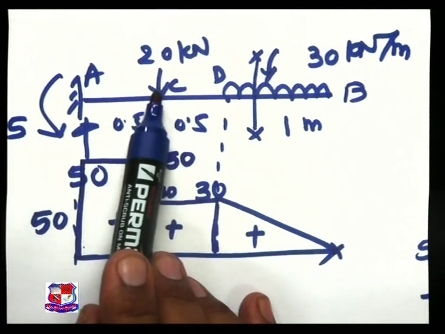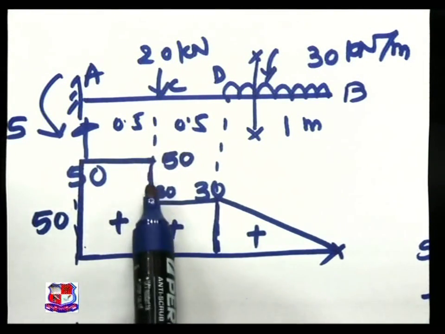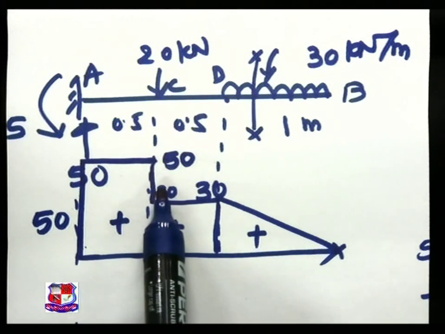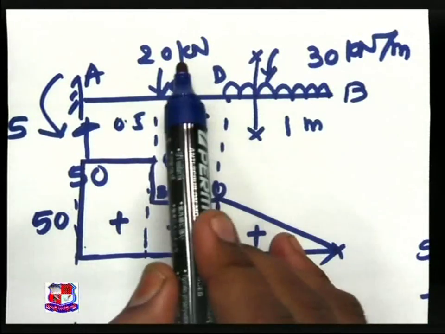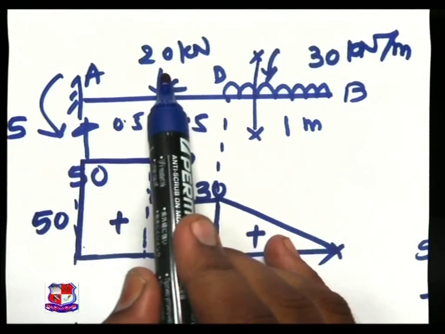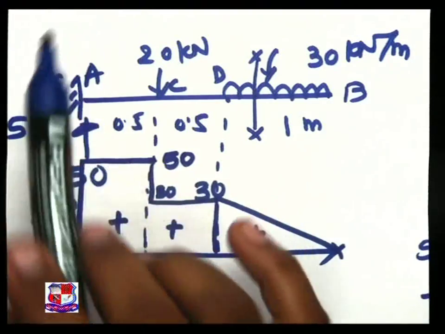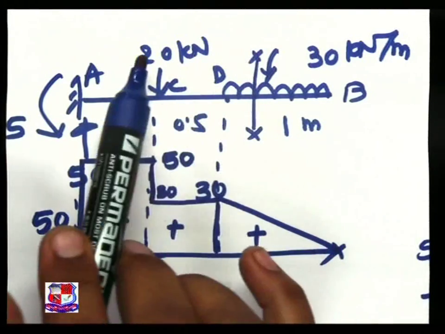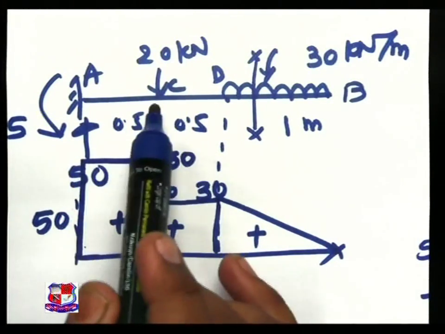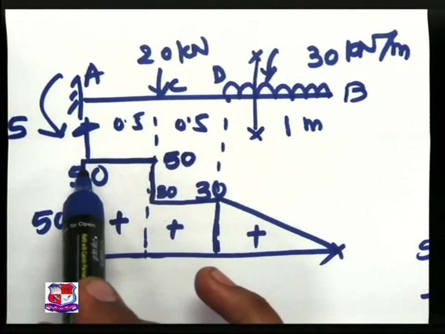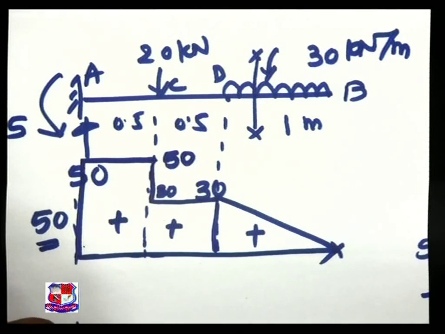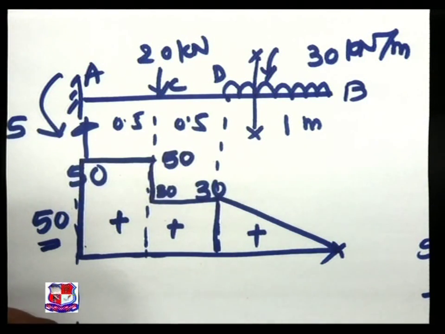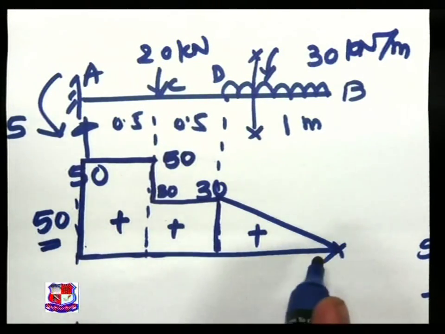At a point load, the variation is given by a sudden change. But here this change is additive because both loads have the same nature, acting downward on the section right, hence additive. And finally between A and C, no load, horizontal straight line, so we achieve the reaction RA over here. So this is our shear force diagram, the variation of shear force along the length of the beam.